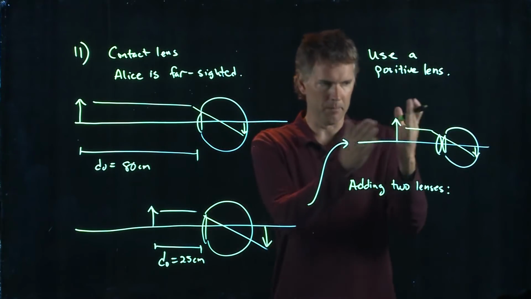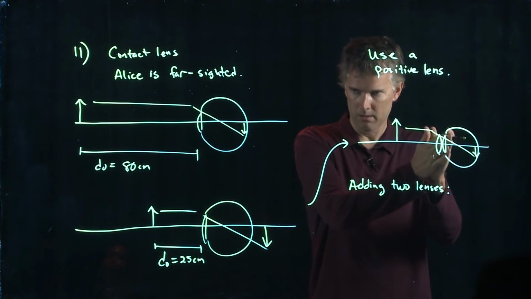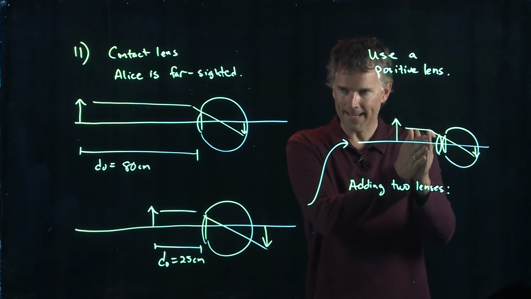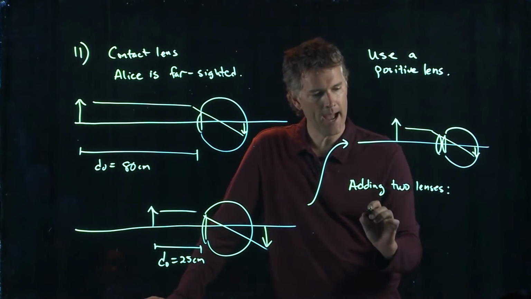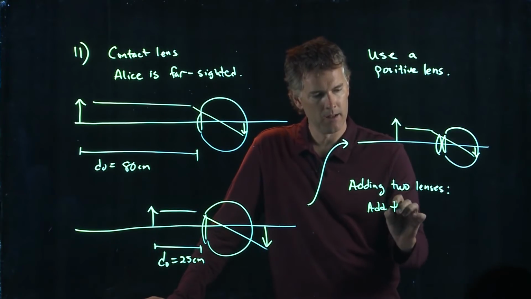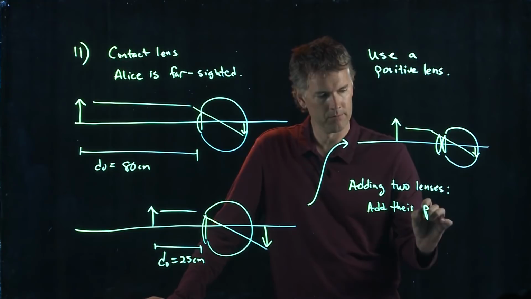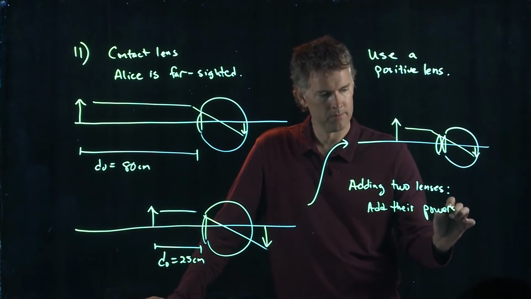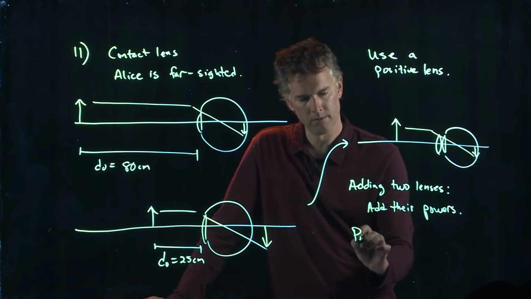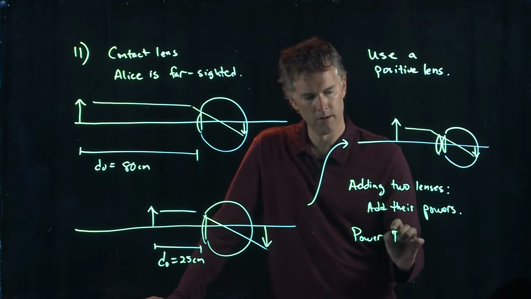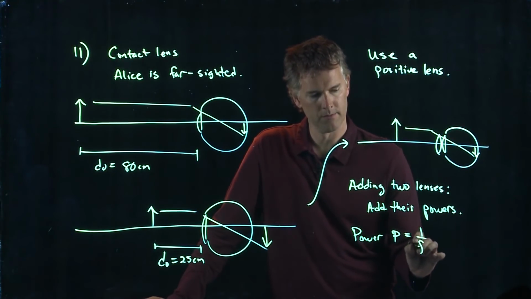And I know that if I put a magnifying glass next to my eyeball, right, it's going to act like a shorter focal length lens. So when you add two lenses, you in fact add their powers. And power is 1 over the focal length.